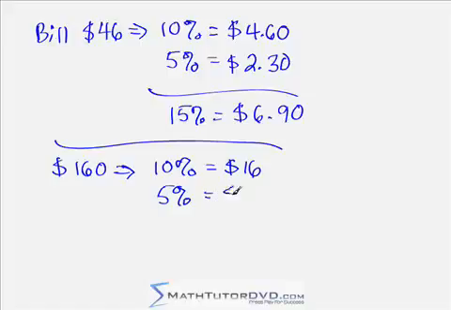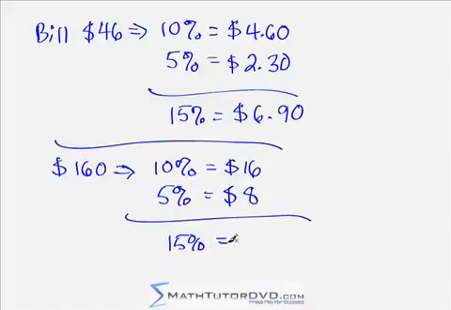We take the 16, cut it in half, and it gives us $8. So at the end of the day, we calculate the 15% tip as 16 plus 8, which is $24. This is an exact number, but what if your bill was $162.13? Well, you could certainly do it exactly, but you can round down to 160, or round up a little bit, and do this in your head and get close to the right answer.